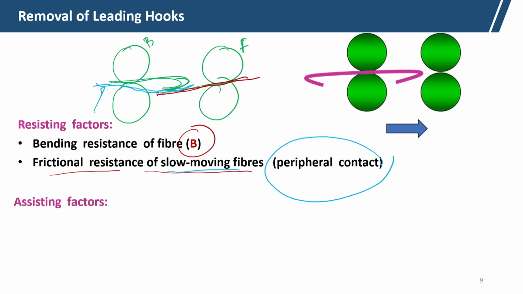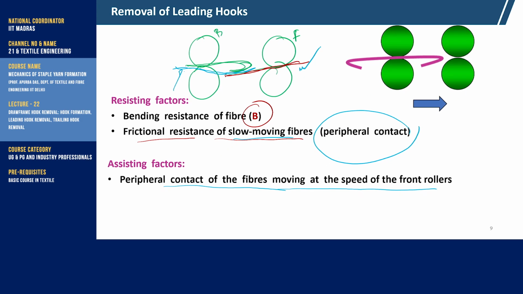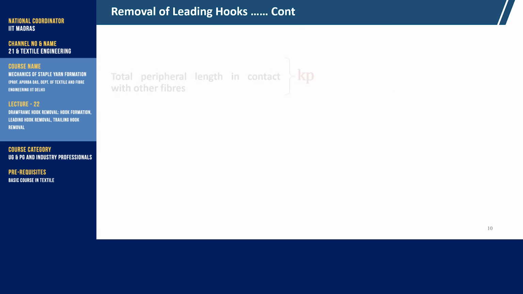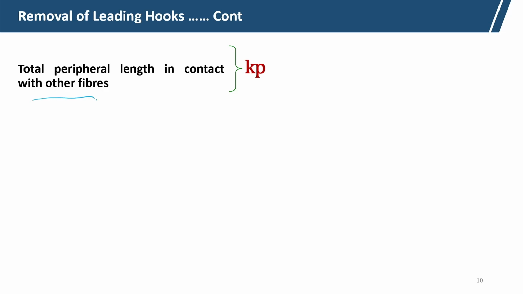An assisting factor is the peripheral contact of fibers which move at the front roller speed. So, here with the red fiber, that is helping the hook removal, but with the blue fiber it is resisting the hook removal. The total peripheral length in contact with other fibers is Kp.